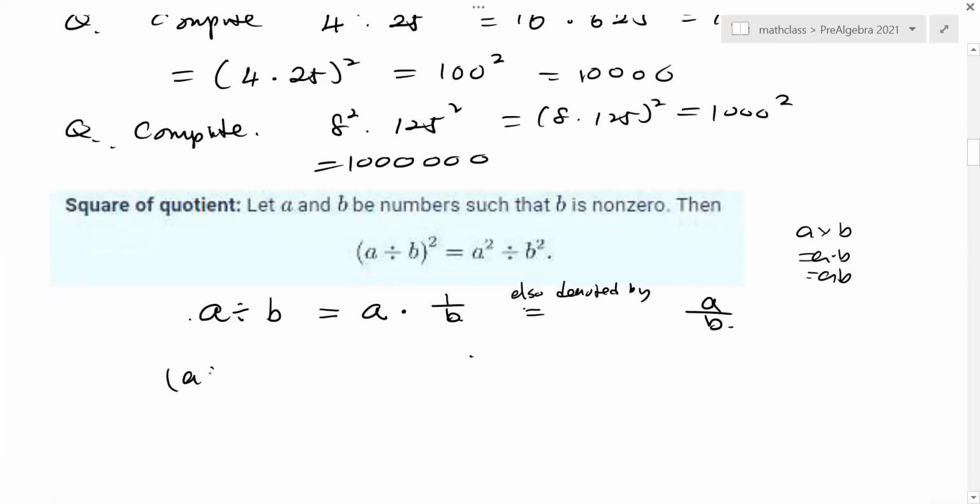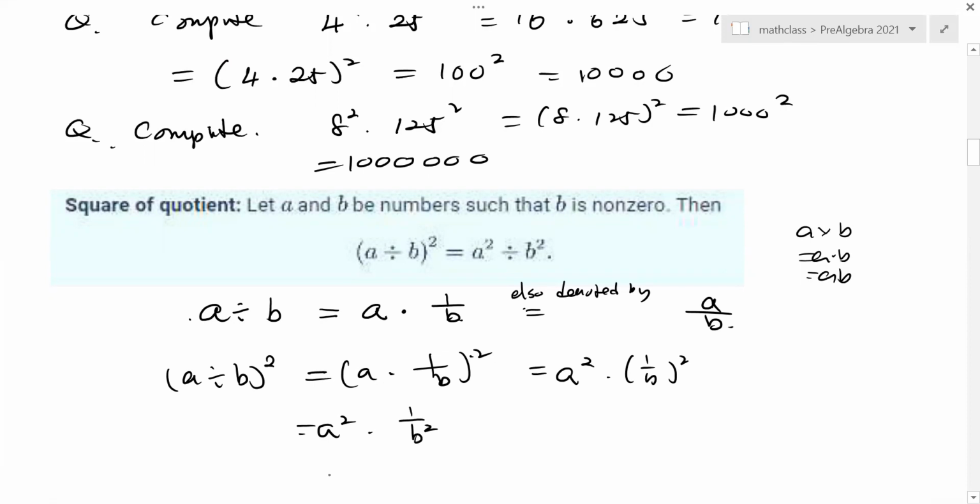true. A divided by B squared is going to be A times 1 over B squared, right? Nothing's wrong here. And then the product of two numbers is going to be by the above formula. As you know, 1 over B squared is the reciprocal of B squared.